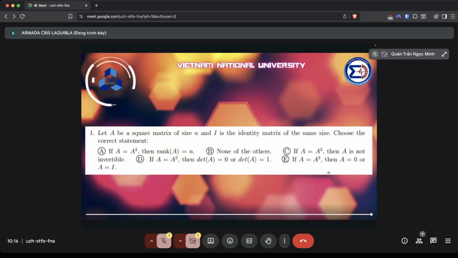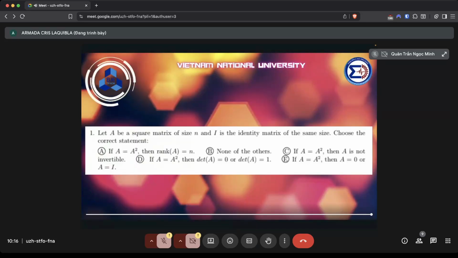That is the statement which is true, because when you square a 0 matrix, it's still equal to the 0 matrix, and when you square the I there, it's still the identity I. So your E here is false, because you have to satisfy first A is equal to A squared.